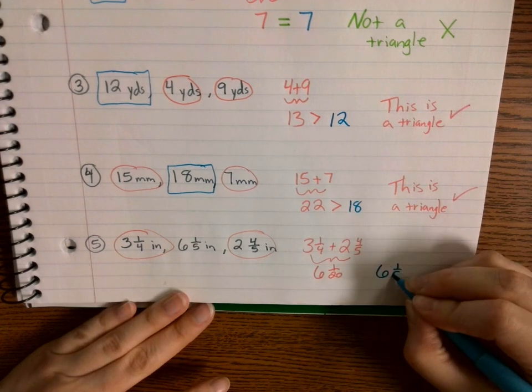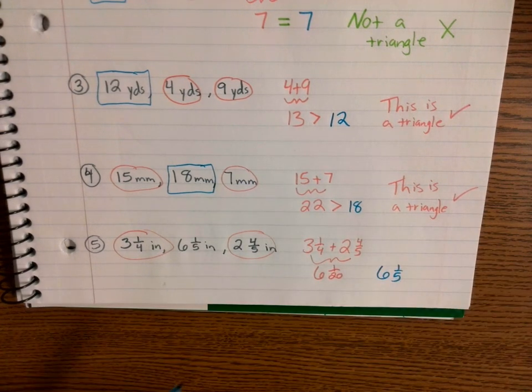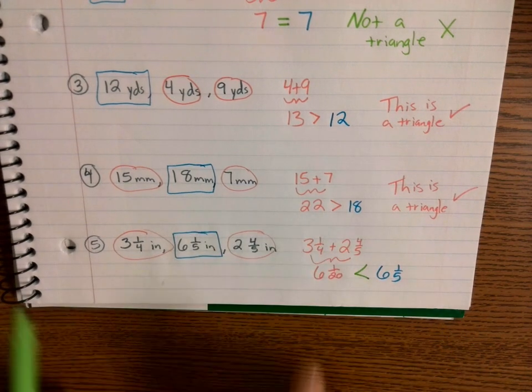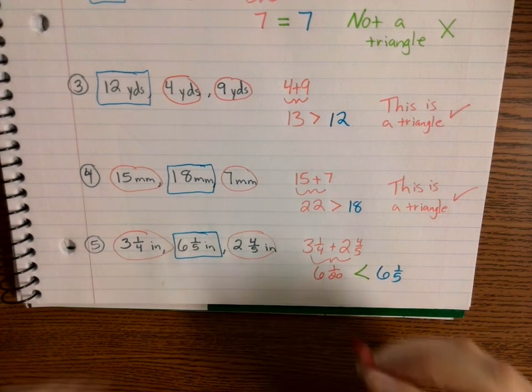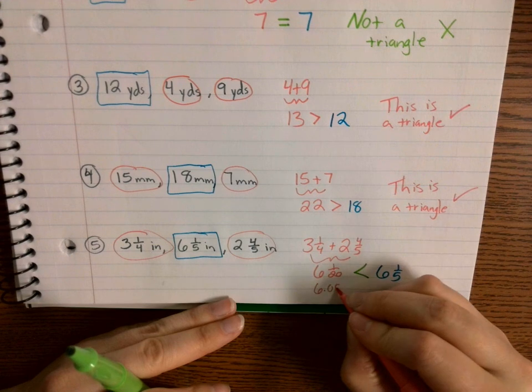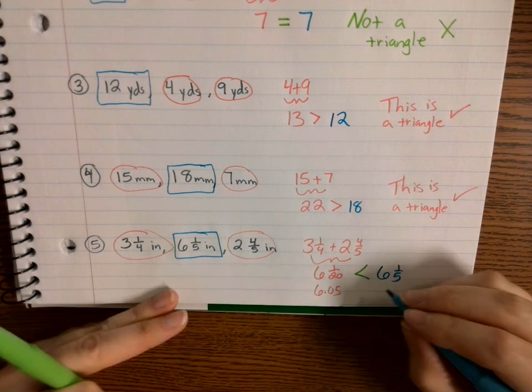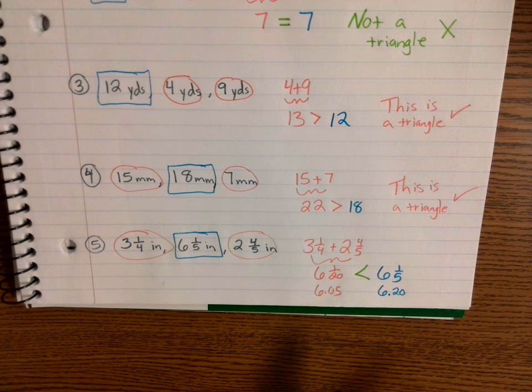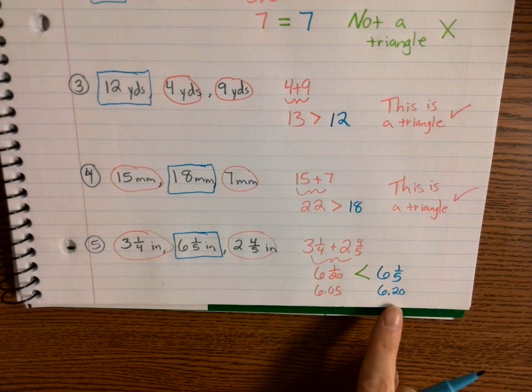It's actually smaller than 6 1/5. In case you didn't understand why, 6 1/20 is the same thing as 6.05. 6 1/5 is the same thing as 6.2 or 6.20. So 6.05 is smaller. So this is not a triangle.